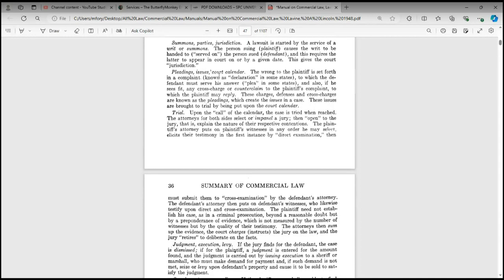Pleadings issues court calendar. The wrong to the plaintiff is set forth in a complaint known as a declaration in some states, to which the defendant must serve his answer. And this is no different when you're dealing with anyone else, like government or whatever. If they have an obligation to respond, then you have acquiescence if they don't.